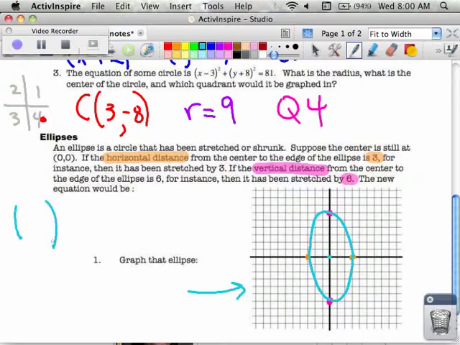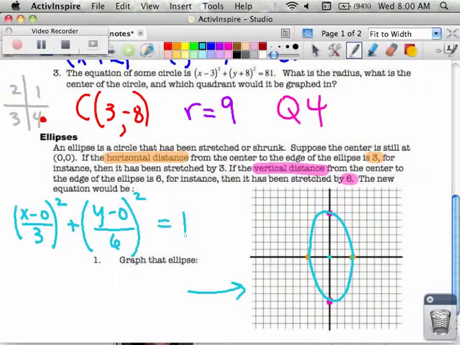So I have (x minus 0) over 3, squared, plus (y minus 0) over 6, squared, equals 1.